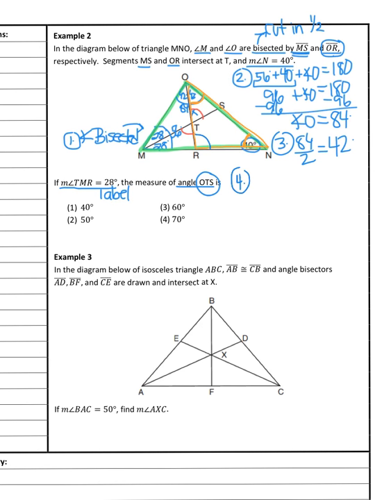I can do 180 minus 42 minus 40 to give me that angle. We can name it ORN. So 180 minus 42 minus 40 is 98 degrees. So 98 degrees is the measure of angle ORN. So I can come up here and put 98 degrees here.